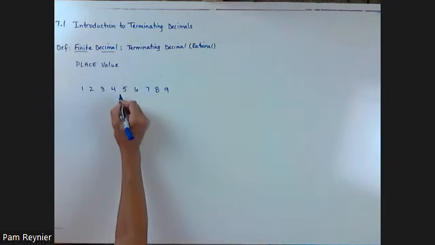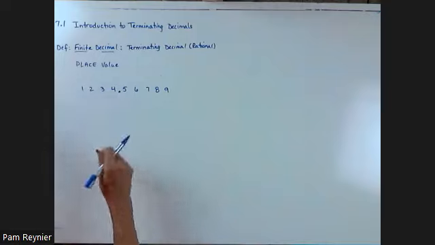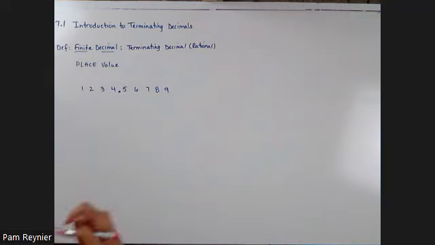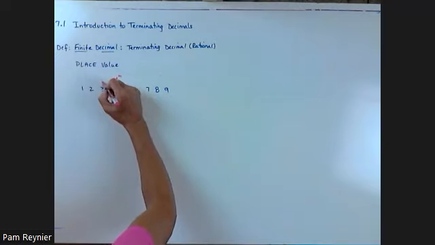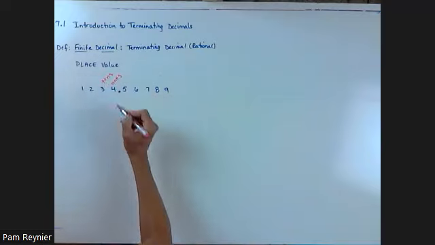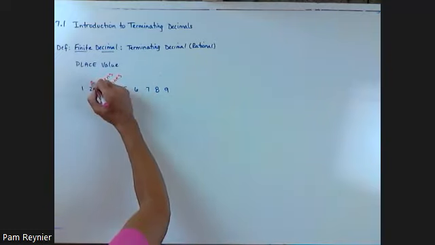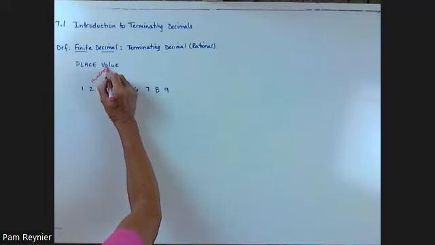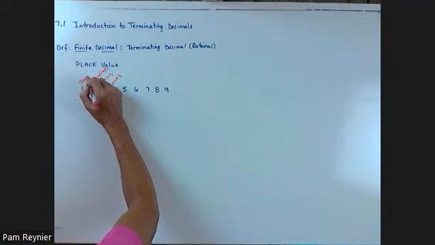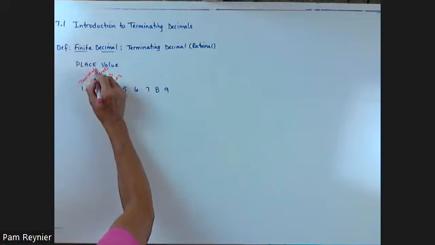And I put a decimal between the 4 and the 5. Just to refresh your memory, we've already talked about whole numbers. So the 4 would be in the ones column. The 3 would be in the tens column. Then we would have the 100 column. And then we would have the 1 in the thousands column.